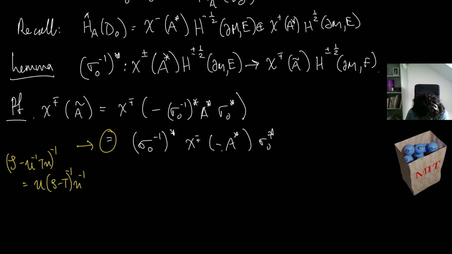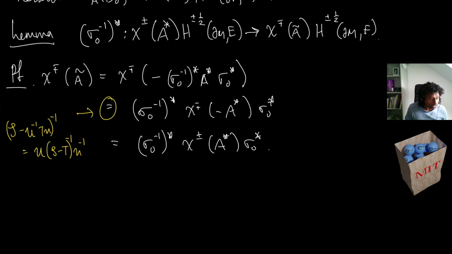And now the point is that we have a negative here. It's easy to see that the chi minus of negative A star is the same thing as chi plus of A star. Okay, so that's the proof.